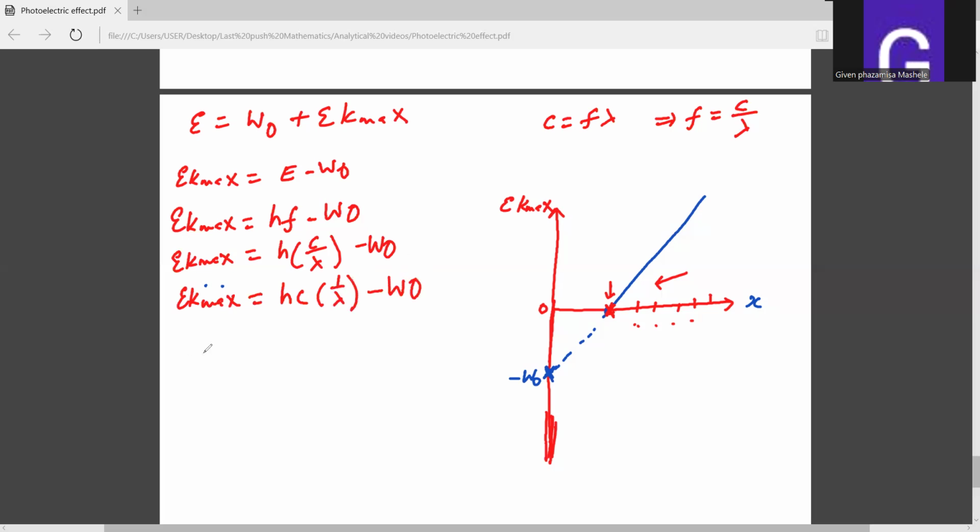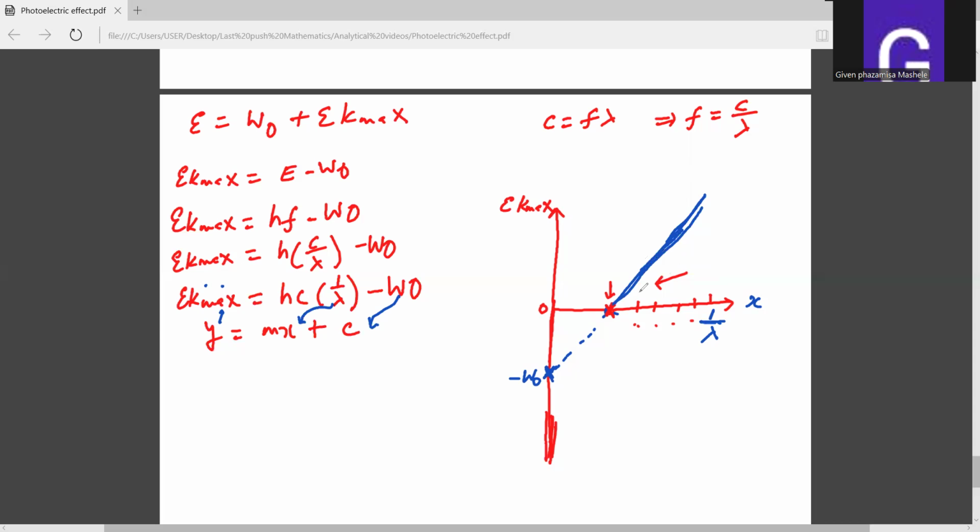You see that I've written this in the form of y equals mx plus c. From this y equals mx plus c, the y is the EK max, then this 1 over lambda is the x value, and this is the y-intercept. So we still have the y-intercept, but here we're talking about 1 over lambda. So if we use 1 over lambda, the inverse of the wavelength, the graph will still increase like this.